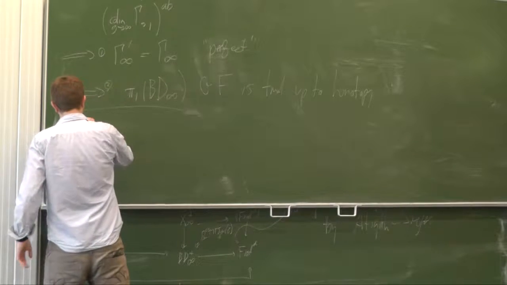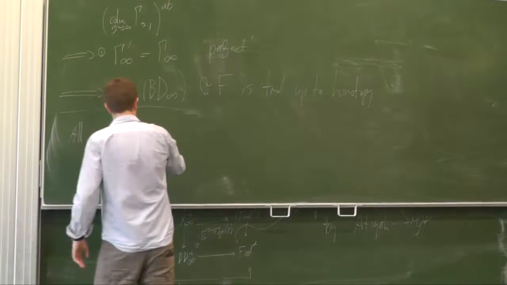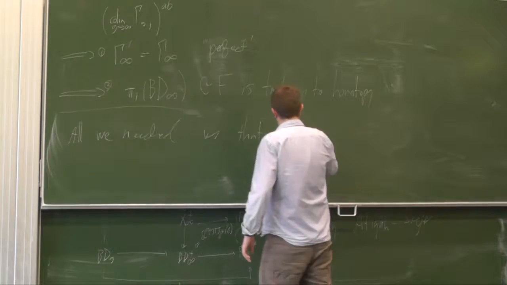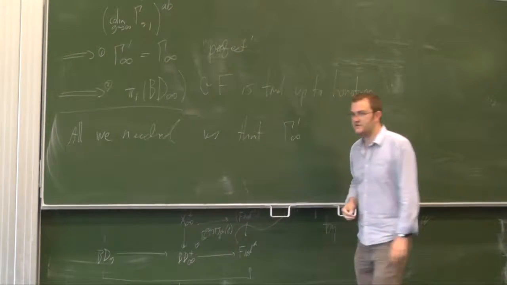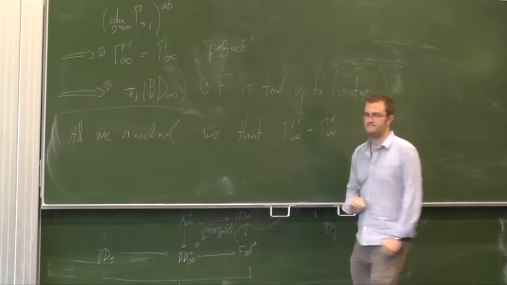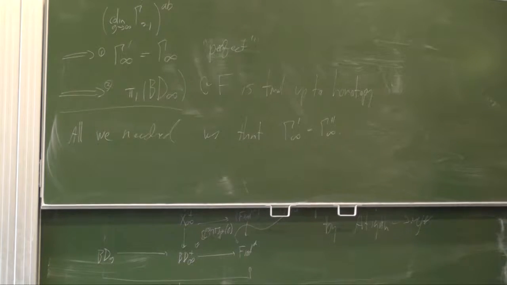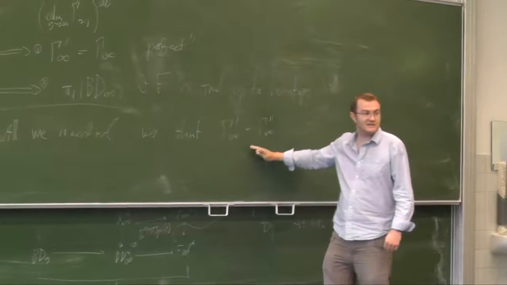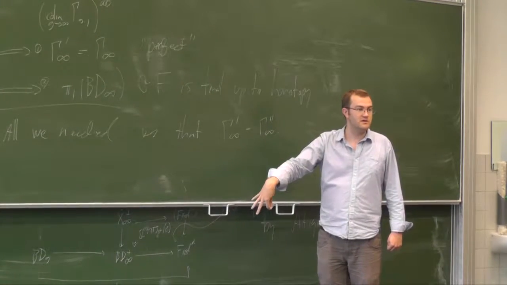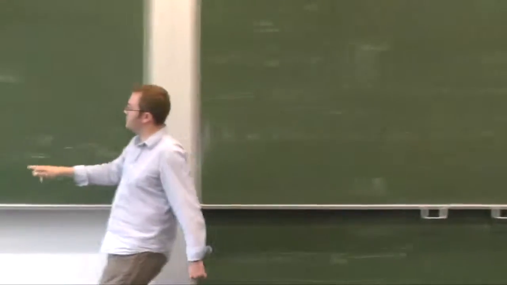All we needed was that gamma infinite, the commutator subgroup, is itself perfect. That's all we actually needed, right? Because then you can plus construct that. That has the effect of abelianizing pi 1, and so this now becomes a pi 1 equivalence as well.